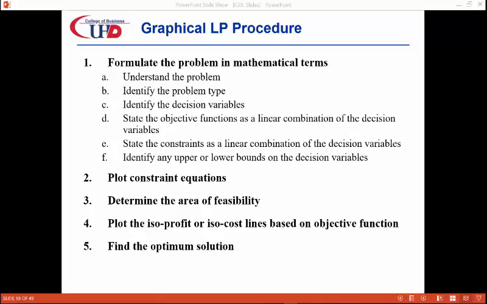Basically, it is about specifying the 3 components of a linear programming model: the decision variables, the objective function, and the constraints. There are 2 types of constraints: resource-driven constraints and boundary constraints.